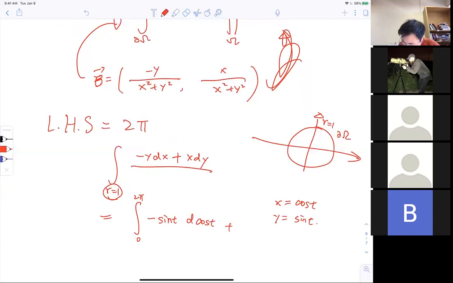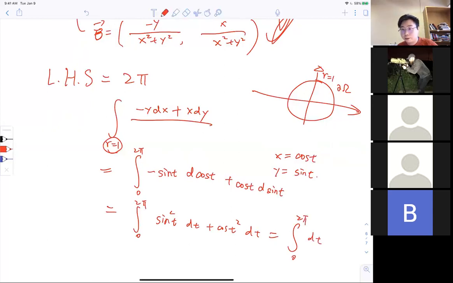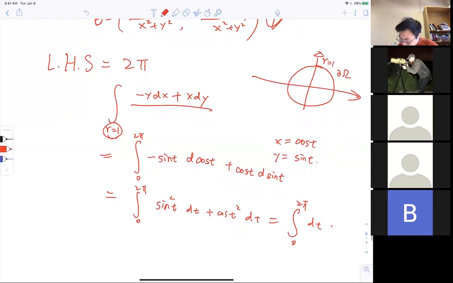And x is cosine t, dy is cosine t dt, so this becomes the integral from 0 to 2 pi of sine t squared dt plus cosine t squared dt, because sine t squared plus cosine t squared is 1. So this is nothing but 2 pi. The result is 2 pi.